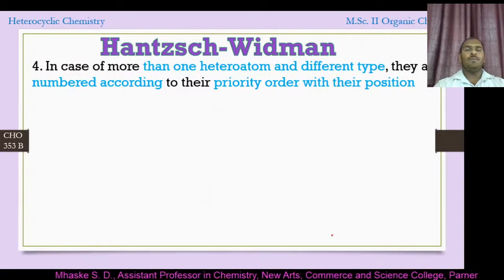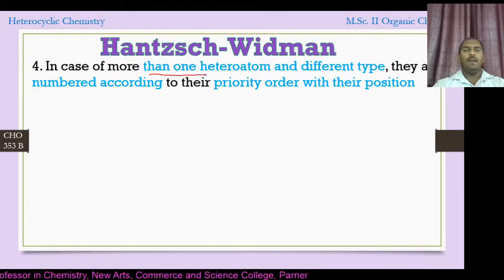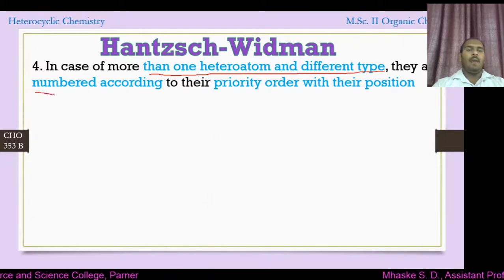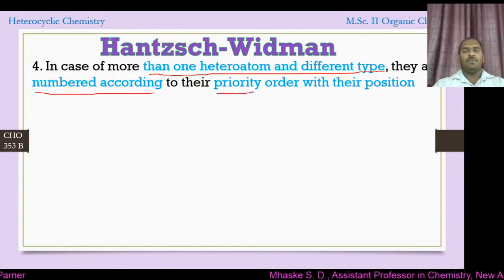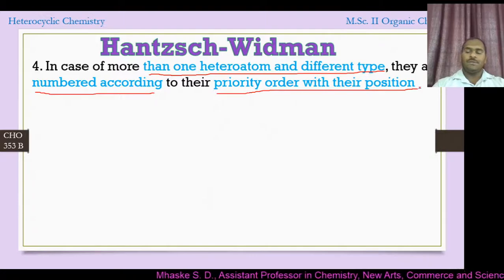Okay, now let's go to the next. In the case of more than one heteroatom of different types, they are numbered according to their priority order with their positions. Now see here.